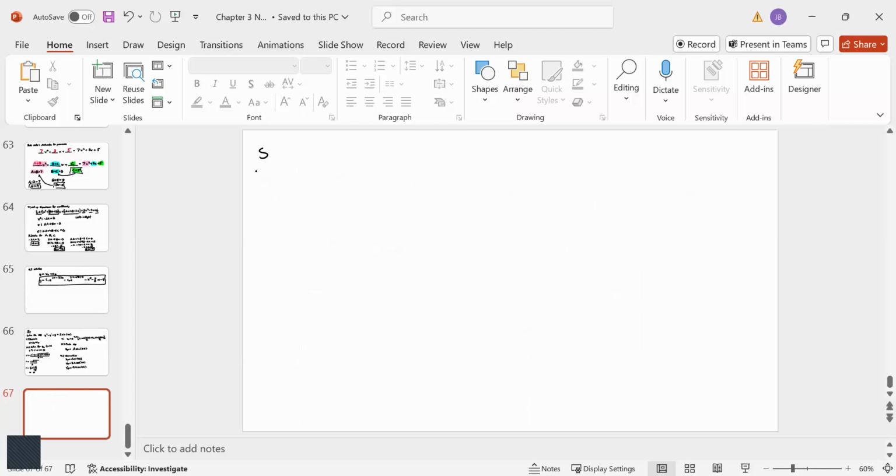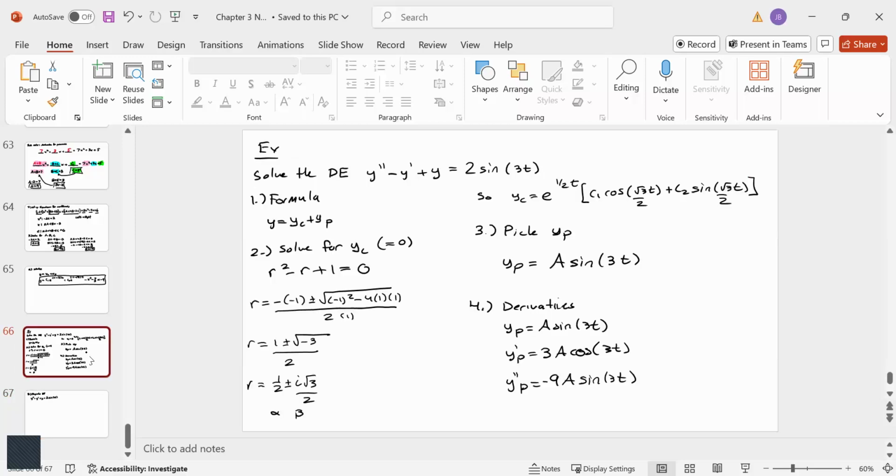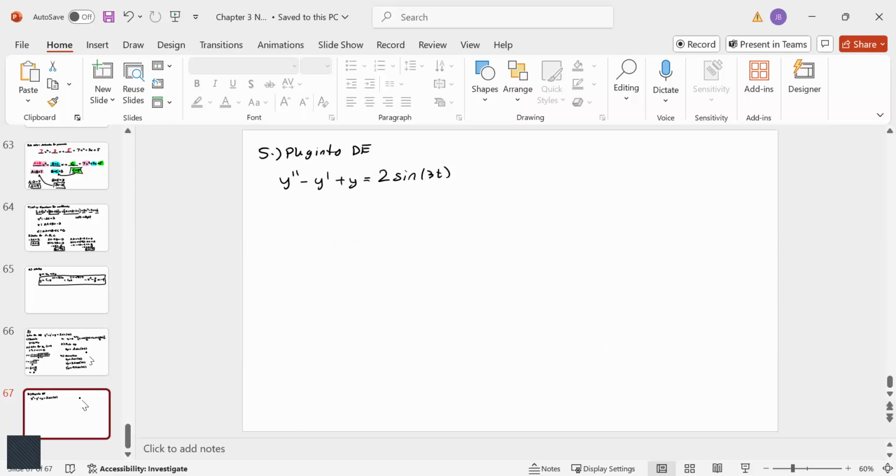Okay, step five, plug into the differential equation. So y double prime minus y prime plus y equals 2 sine 3t. I just want to make sure I don't forget a 3 in any of those. If I plug them in, I get negative 9a sine 3t minus 3a cosine 3t plus a sine 3t.